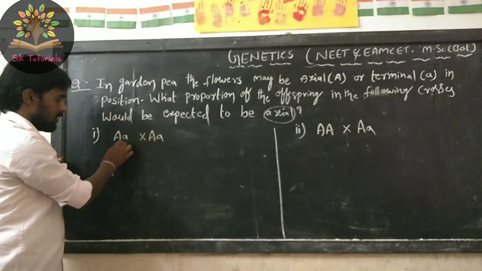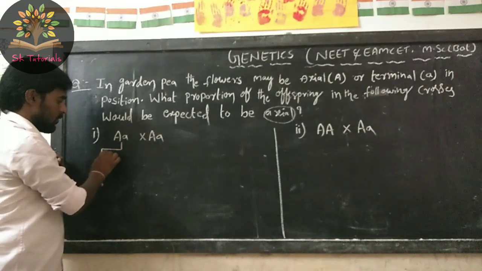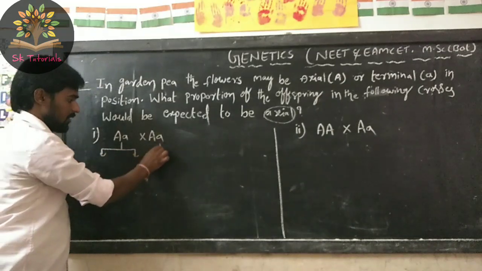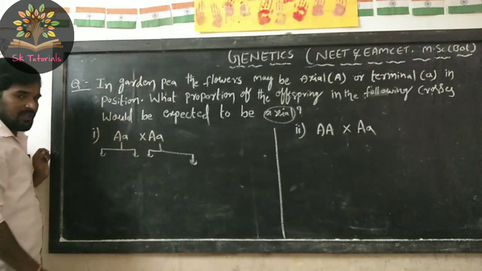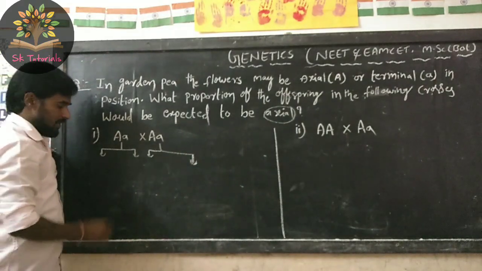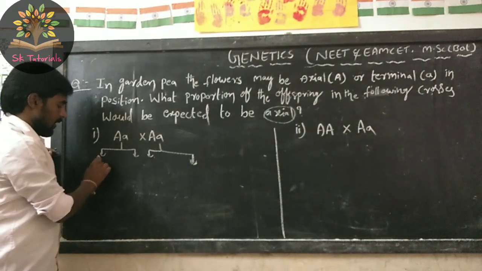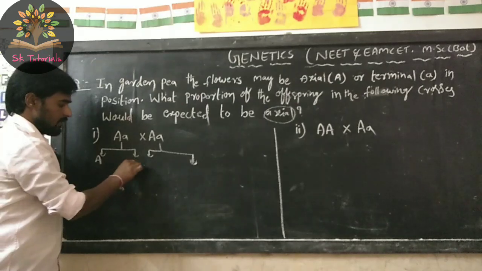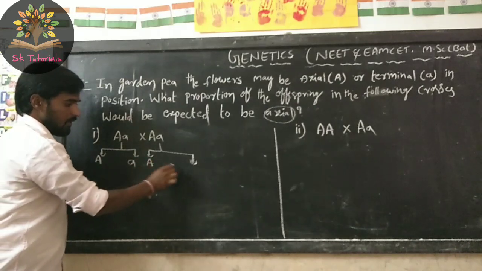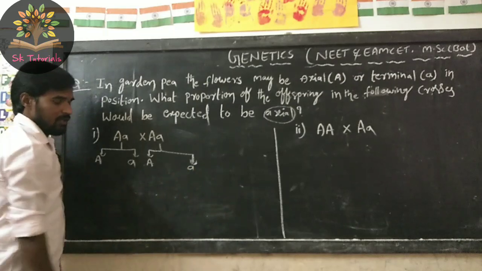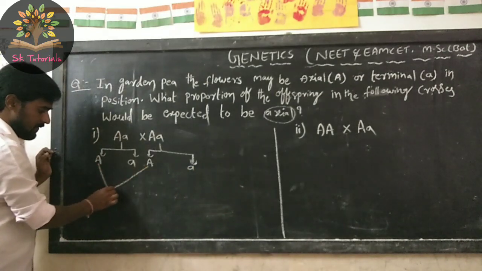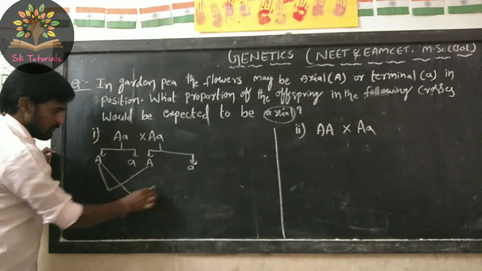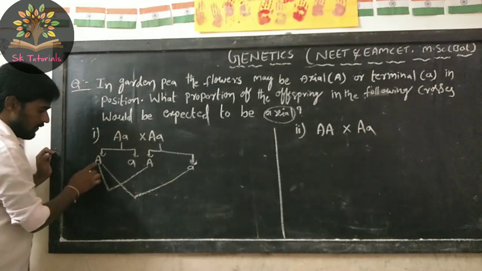First, we have to separate the gametes: capital A, small a, and capital A, small a. So, cross like this.